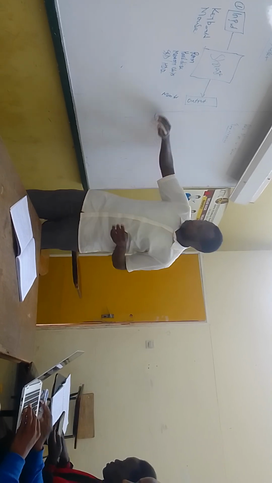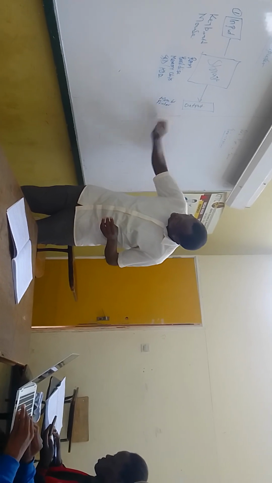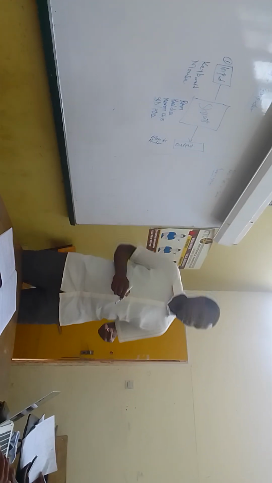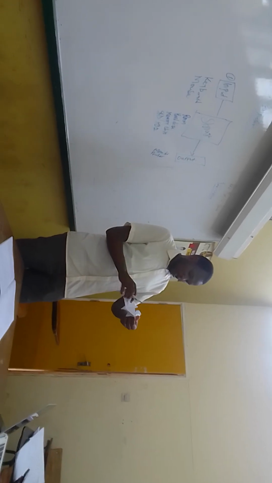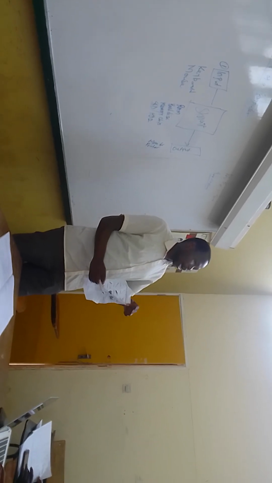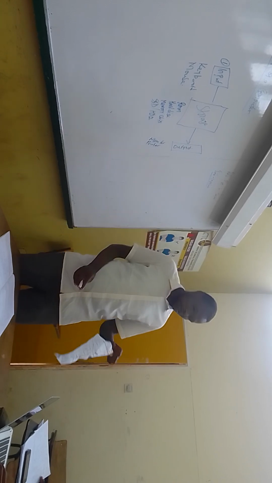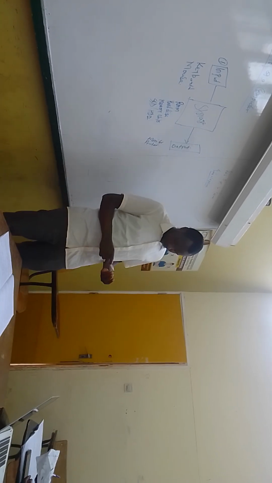The next one we have is a printer. A printer will give us a hard copy. For example, when you want to print your exams, we will give you hard copies on paper like this one. It is an output of computer data which has been processed to information.